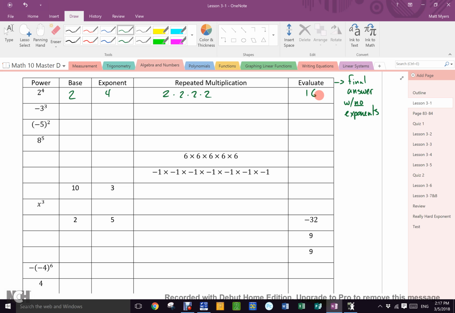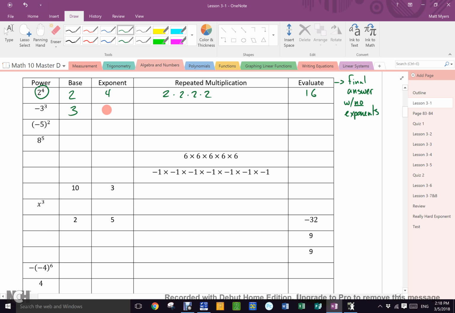It behooves you, which is a $5 word to say it's a damn good idea, for you to be very comfortable with 2 as a base, all the way up to 10. 2, 4, 8, 16, 32, 64, 128, 256, 512, and 1024. It is very powerful in the rest of your math careers to be very comfortable with the number 2 and all of its exponents.